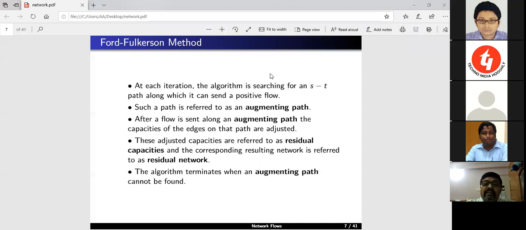Whatever is the smallest amount along this path, we call it the bottleneck. For the forward edges, we increment the flow by the bottleneck value, and for the backward edges we decrement it by the bottleneck value, and that would increase the total flow in the network by the bottleneck value.